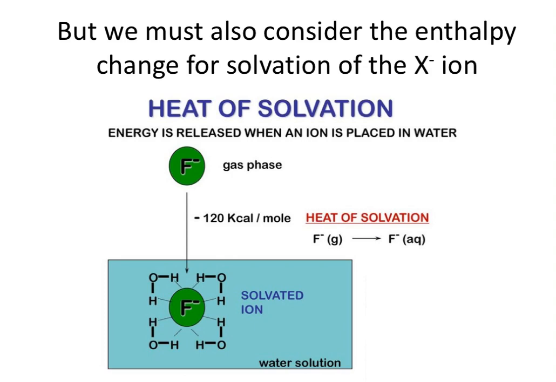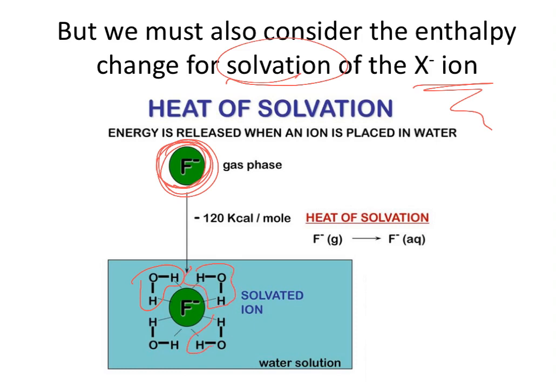Now we also have to consider the enthalpy change involved in solvating the conjugate base, which we haven't talked about yet. So just to reiterate solvation, because we've talked about that quite a bit in the solutions unit too, it's important to understand. Anytime you dissolve something in water, and we'll just use fluoride ion as an example, that substance that dissolves gets solvated or surrounded by the water molecules, whatever the solvent is, it's water in our case, and that releases energy.